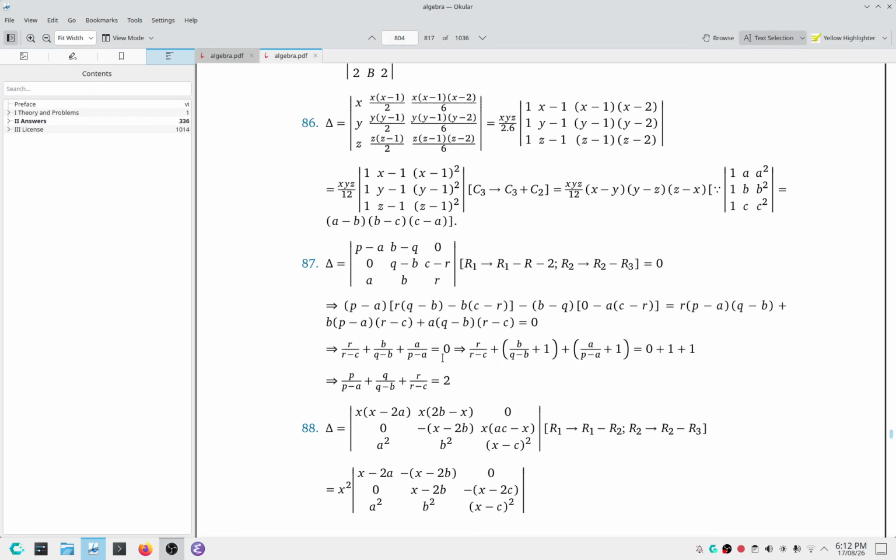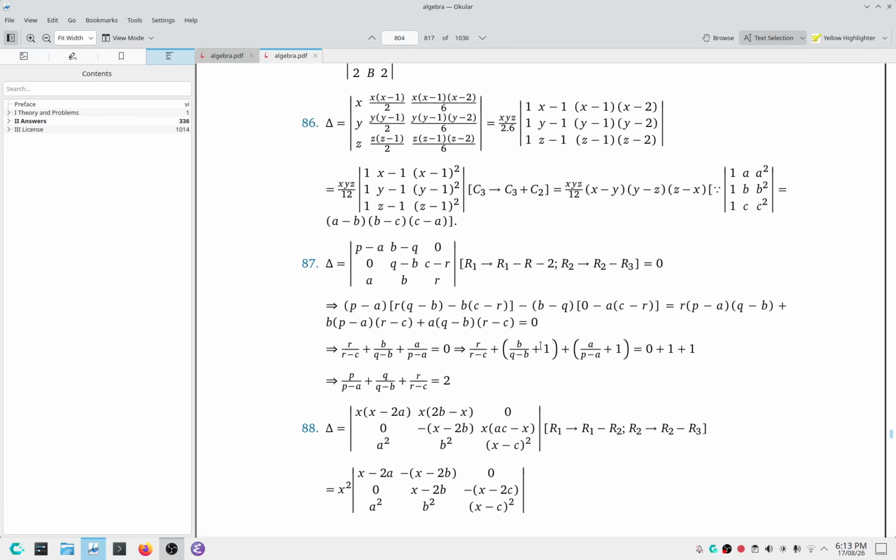Now, once we have that, we can write that as R upon R minus C plus B upon Q minus B plus 1, plus A upon P minus A plus 1. Okay. There seems to be some mistake here. This is fine.